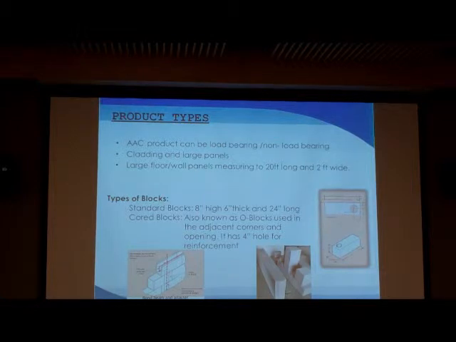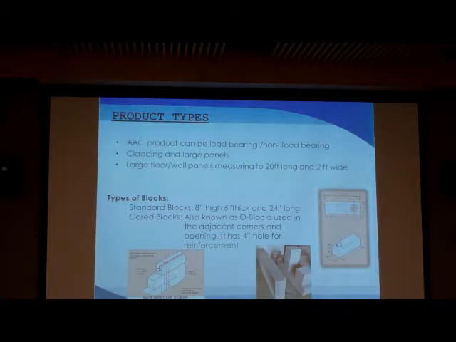Then there are core blocks, known as O blocks, which have a 4 inch diameter hole that gives provision for the rebar to be placed. These are used for reinforced AAC design.